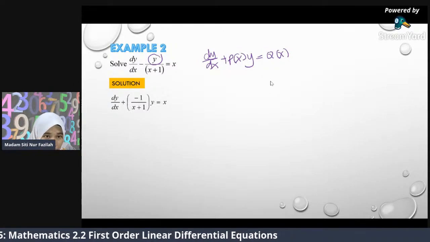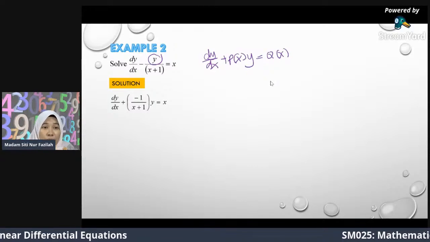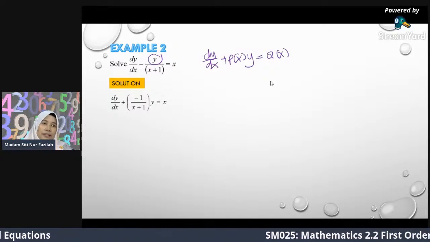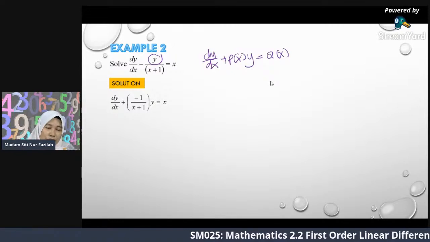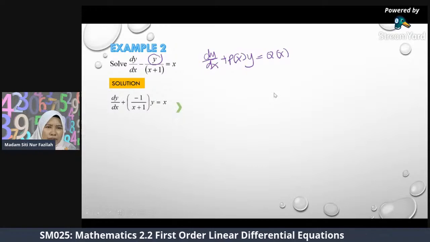I just rewrite it back: dy over dx plus negative 1 over x plus 1 times y equal to x. This is easy to carry out.